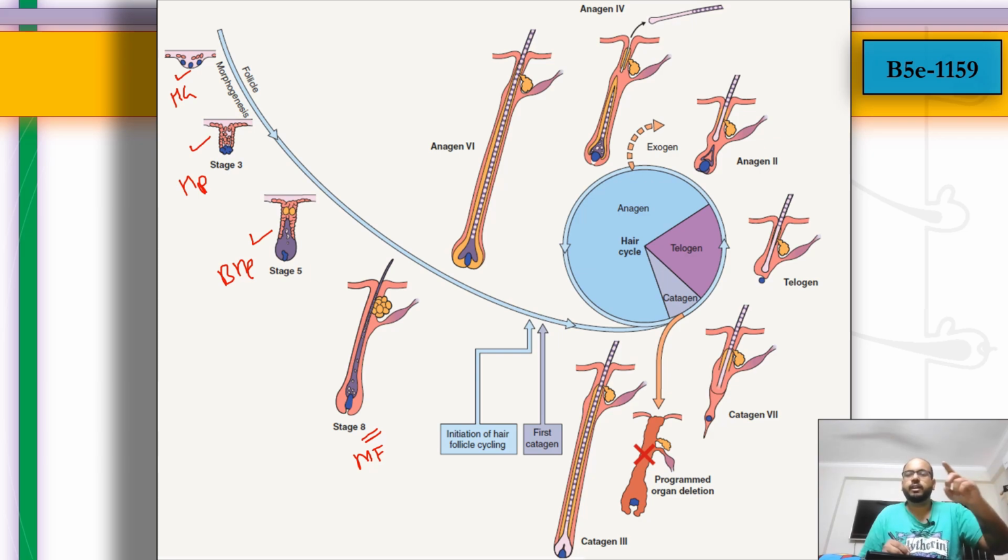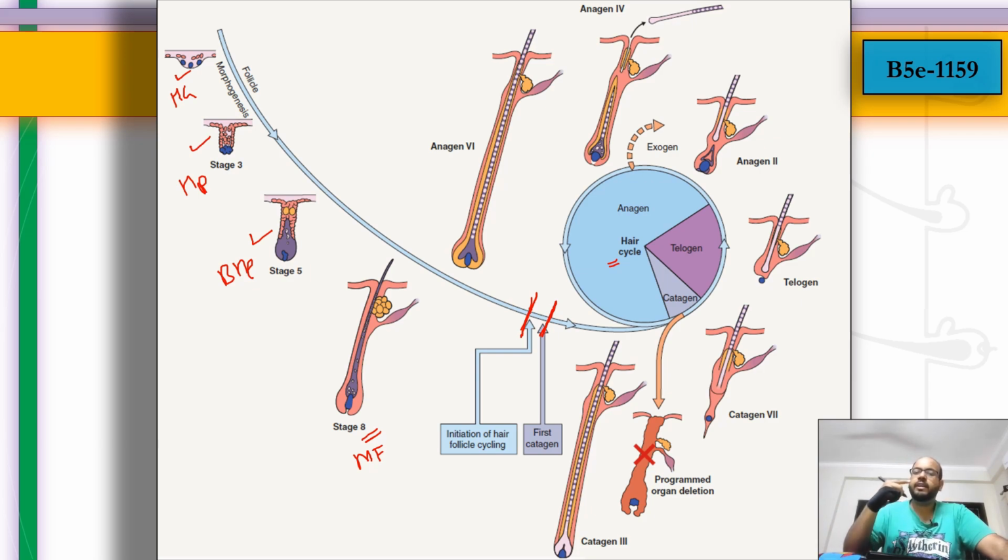Sometimes the follicle will undergo one cycle of hair cycle, a second cycle, and sometimes another third cycle, and then the birth happens. And here is the first initiation of hair follicle cycling, and the follicle then will go to first catagen. After the two cycles are gone, roughly around the third cycle, the baby will be born, and the hair will enter a circular arrangement of phases, which we know as hair cycle.